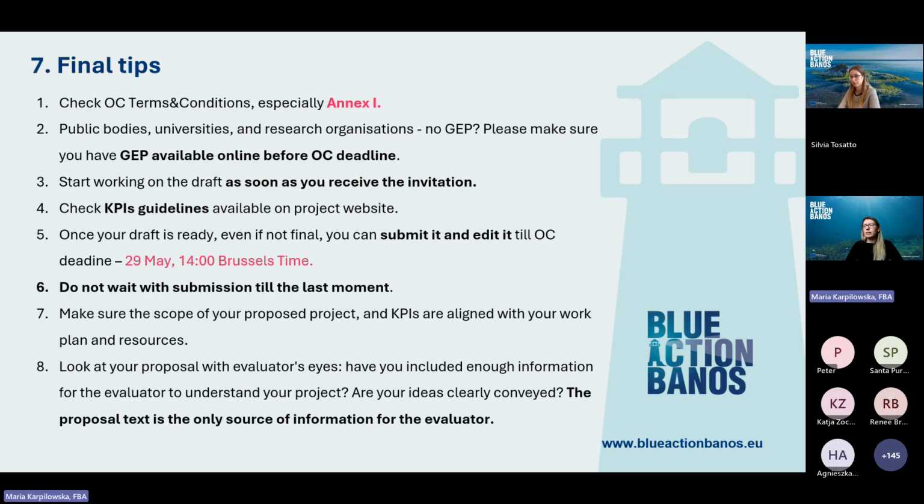So the next tip is making sure that the scope of your project, the KPIs, the work plan and the resources are aligned, and that together they make sense, that the costs are proportional to the activities you are planning, that the team is big enough to be able to carry those activities.